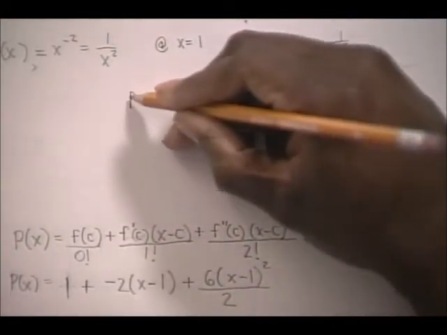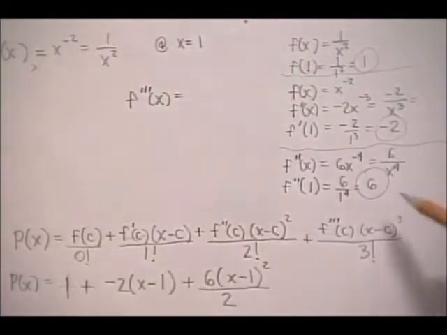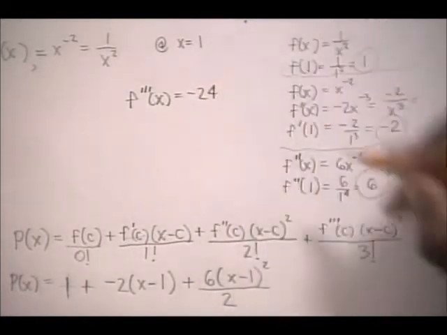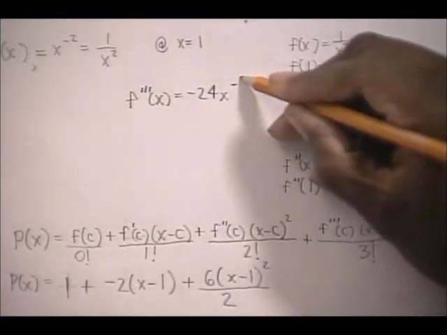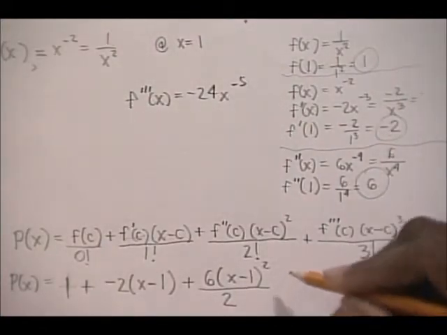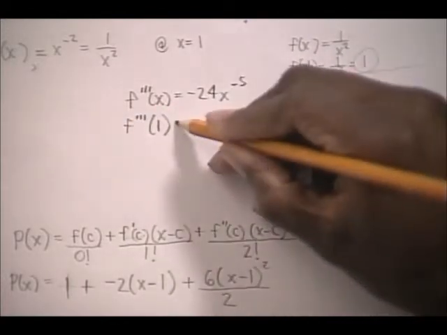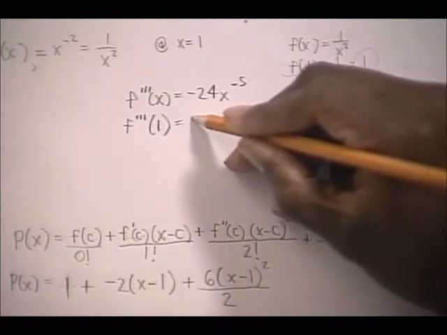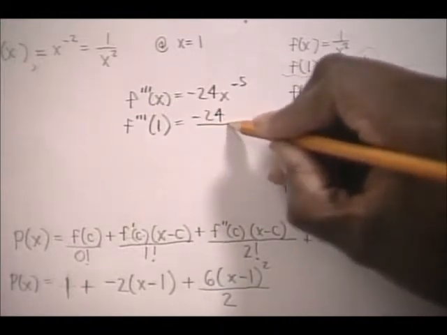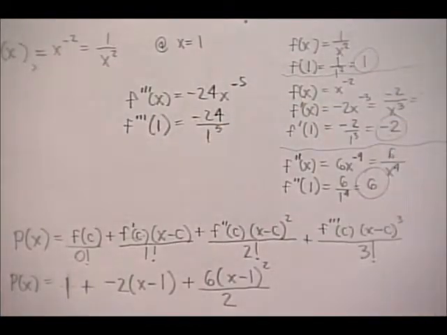F triple prime, the 3rd derivative of x. We already have the 2nd derivative, which is 6x to the negative 4. The 3rd derivative would be negative 24x to the negative 5. All right, so now f triple prime of 1 would be the same thing as negative 24 over 1 to the 5th power, so you end up with negative 24.